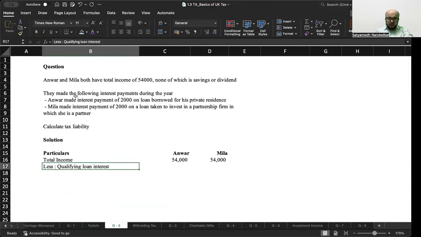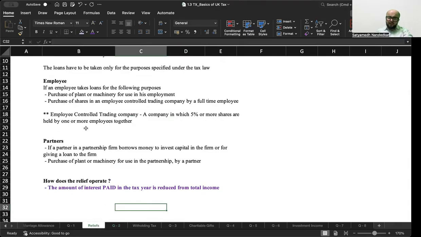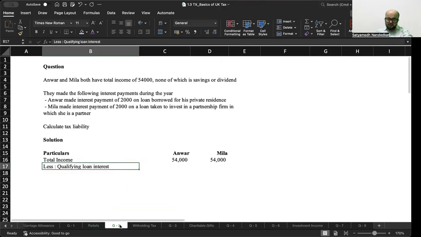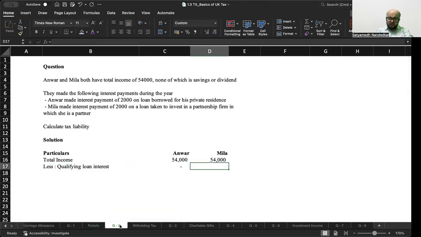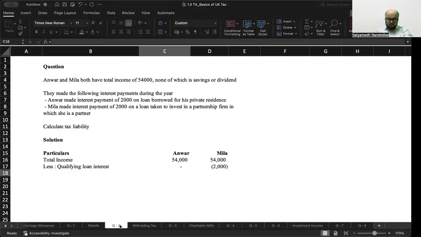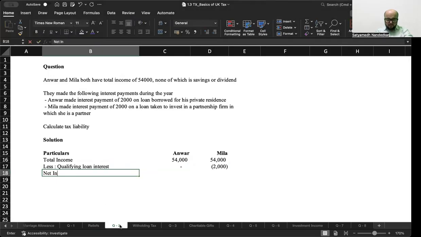See, Anwar made the interest payment on a loan which he had taken for his private residence. Now, if you observe, that particular type of loan does not fall under the allowable categories. So this will not be deducted. But Meela made interest payment on a loan that she had taken to invest in a partnership firm in which she is a partner. So subtract that. What are you left with? You are left with now your net income.